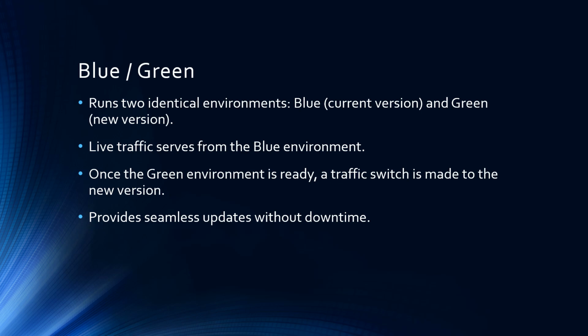The key point here is that your blue environment continues serving production traffic while you thoroughly test the green environment. Once you're confident that everything in the green environment is working correctly, you perform the switch. This is typically done by updating a service or ingress configuration to point to the green environment. If any issues arise, you can quickly switch back to the blue environment. This is what we call a quick rollback capability.